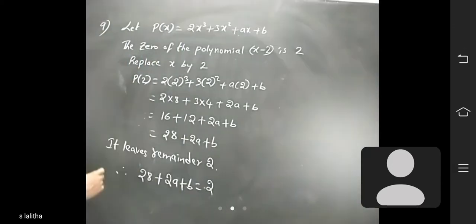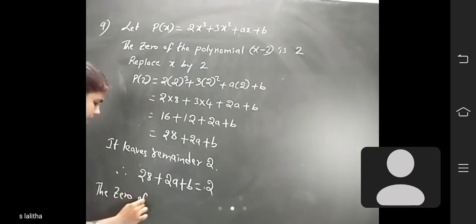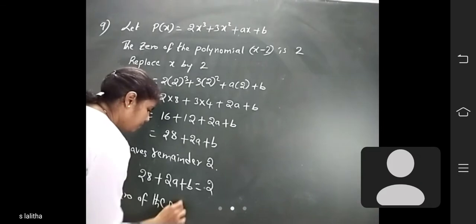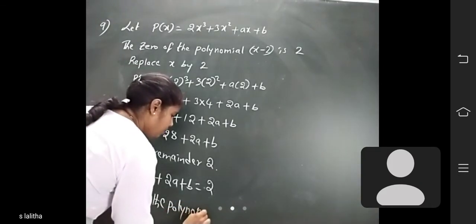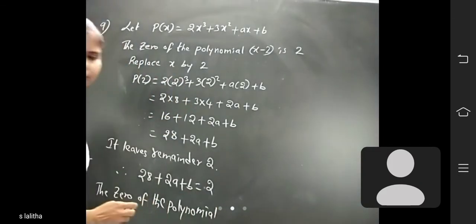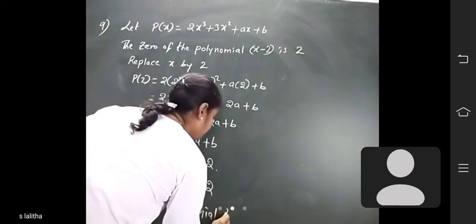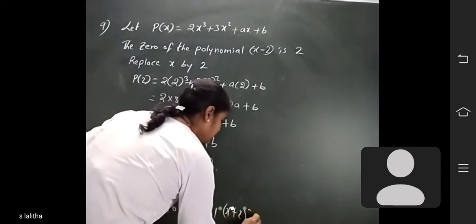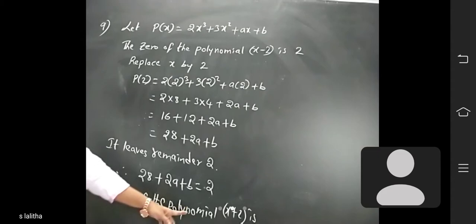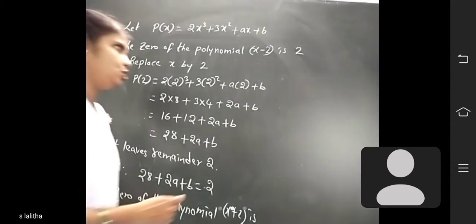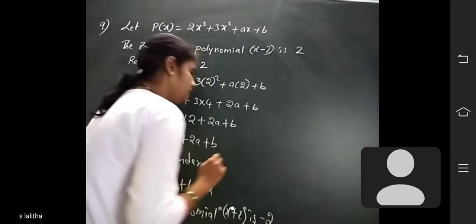Next, the 0 of the polynomial x plus 2 is, what is the 0 of the polynomial x plus 2? Minus 2.